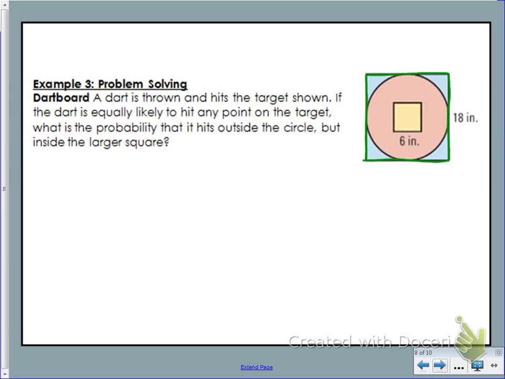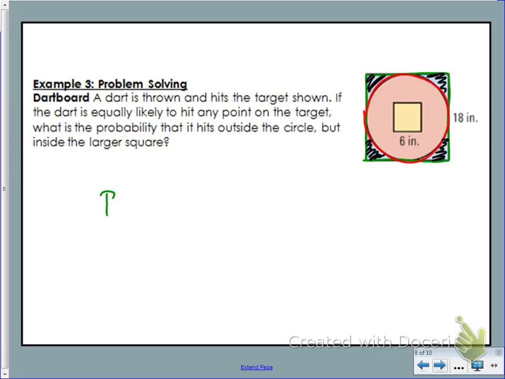So if we're talking about outside of the circle, here's our circle, but still inside the larger square, we're looking for the probability of the point chosen or the dart hitting one of these 4 regions. So we have to think about how we've calculated areas of shaded regions in the past.